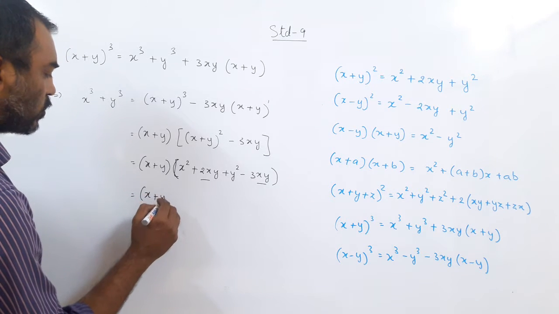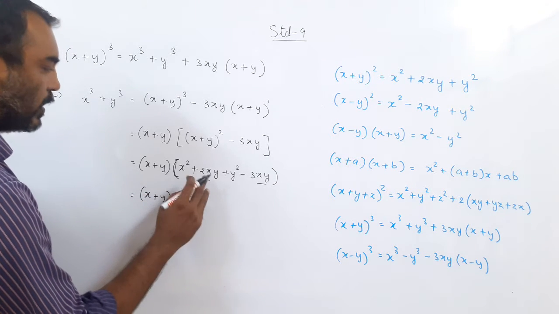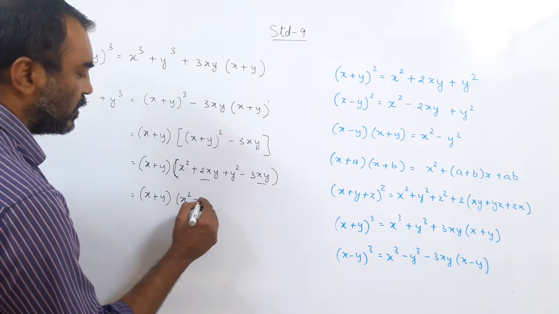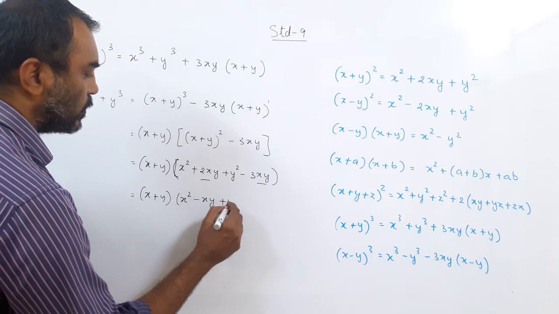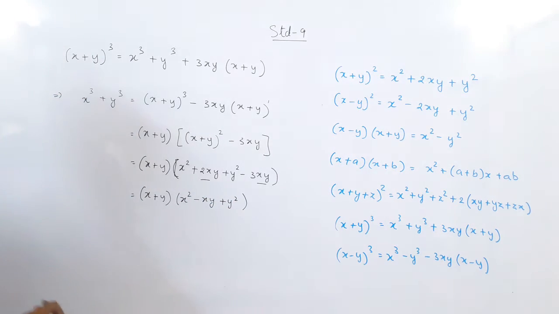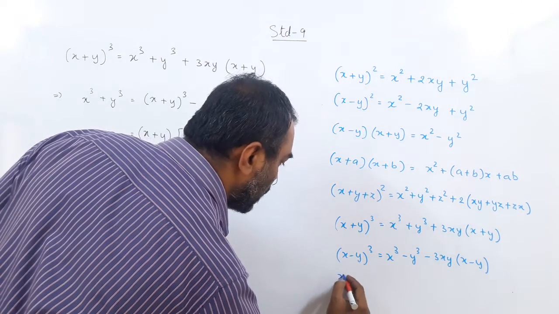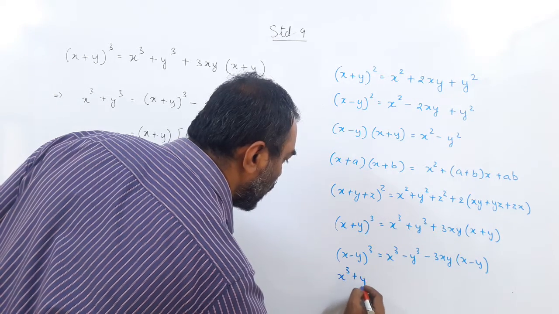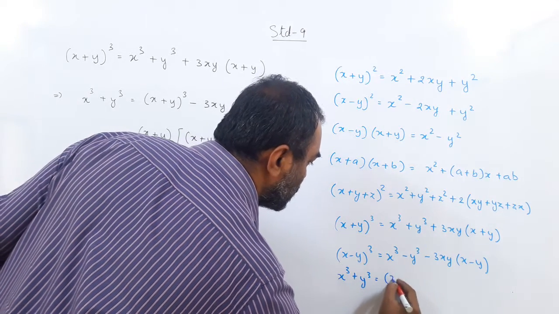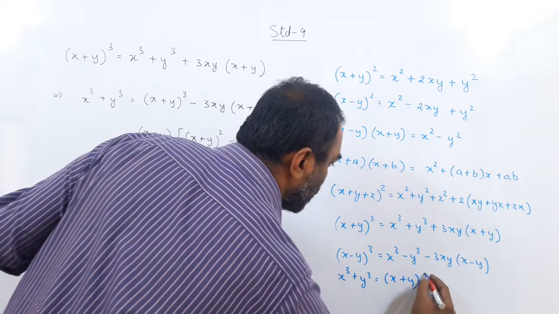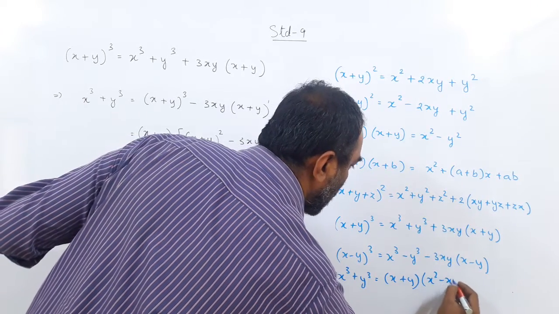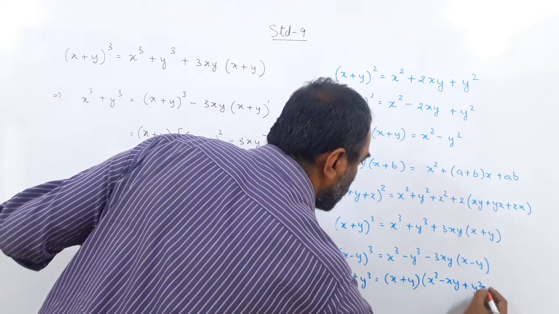So I get (x plus y)(x square plus 2 minus 3, which is minus xy, plus y square). So this gives rise to a new identity. What is the identity? x cube plus y cube gives us (x plus y)(x square minus xy plus y square).